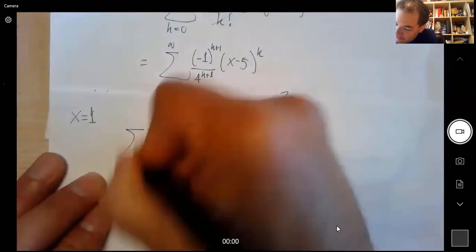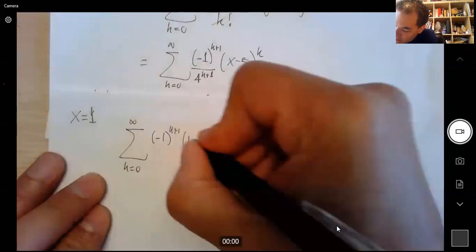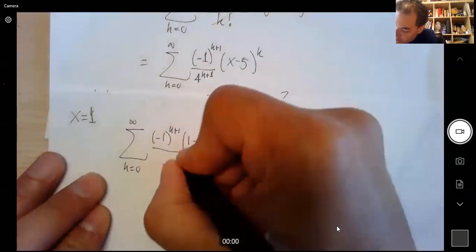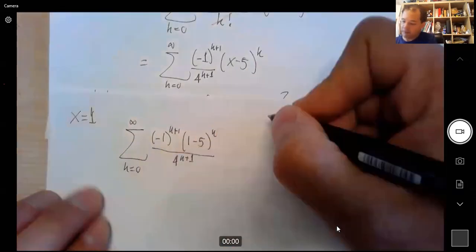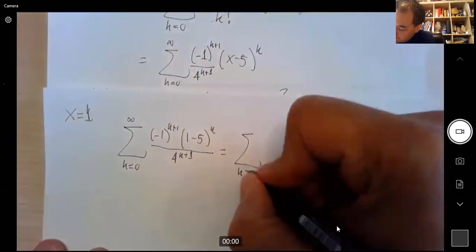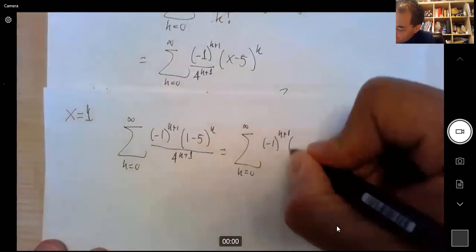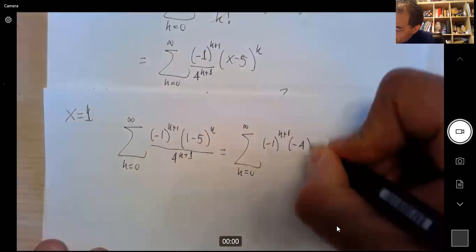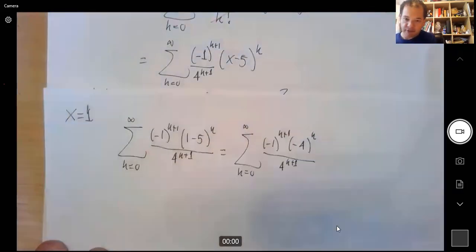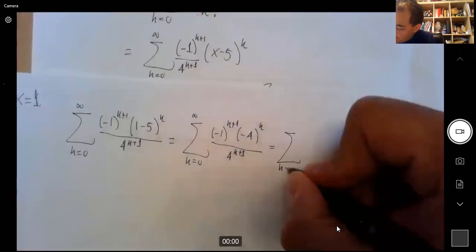the sum from 0 to infinity, negative 1 to the k plus 1, 1 minus 5 to the power k, divided by 4 to the k plus 1. And what is this? Let's simplify it. Negative 1 to the k plus 1, negative 4 to the k, over 4 to the k plus 1. We can again simplify further.